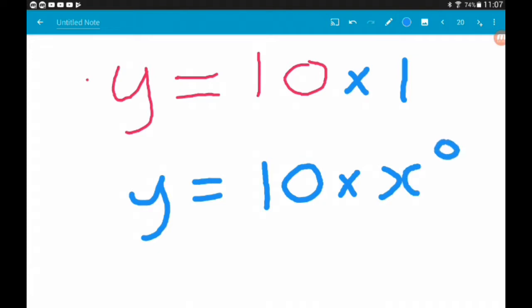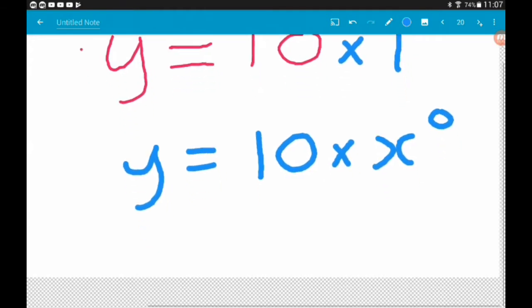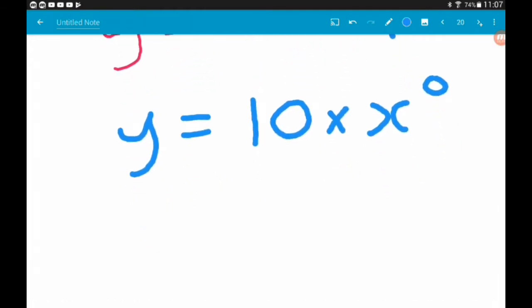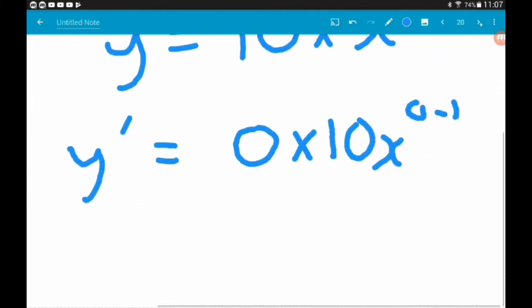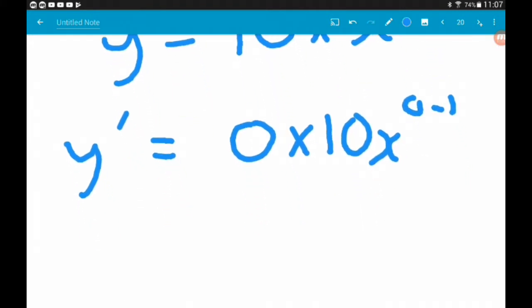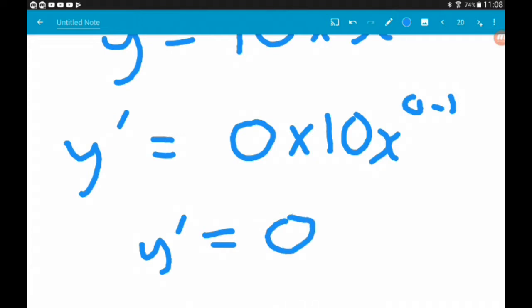So if we try and differentiate this, we would get y dash is equal to 0 times 10x to the 0 minus 1. But we don't really care about the rest of it. The important thing is we've got 0 multiplying it. So y dash is just equal to 0.